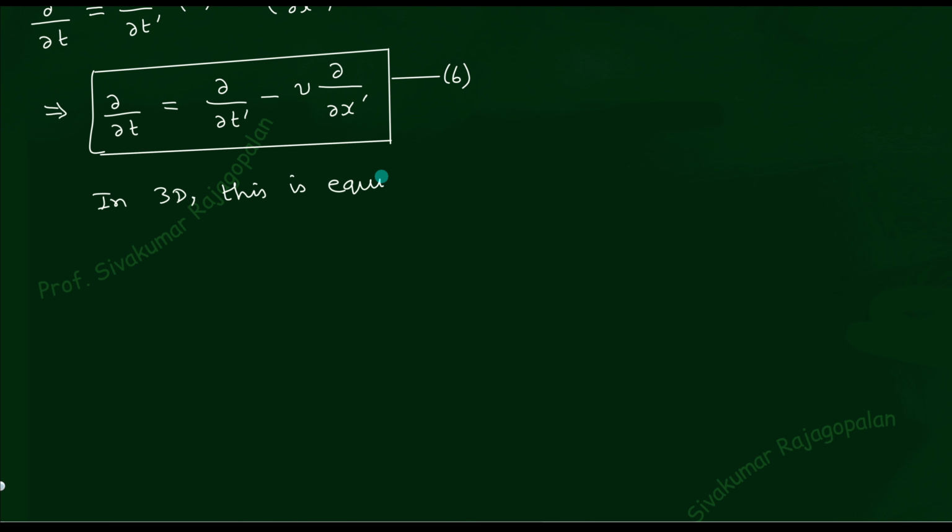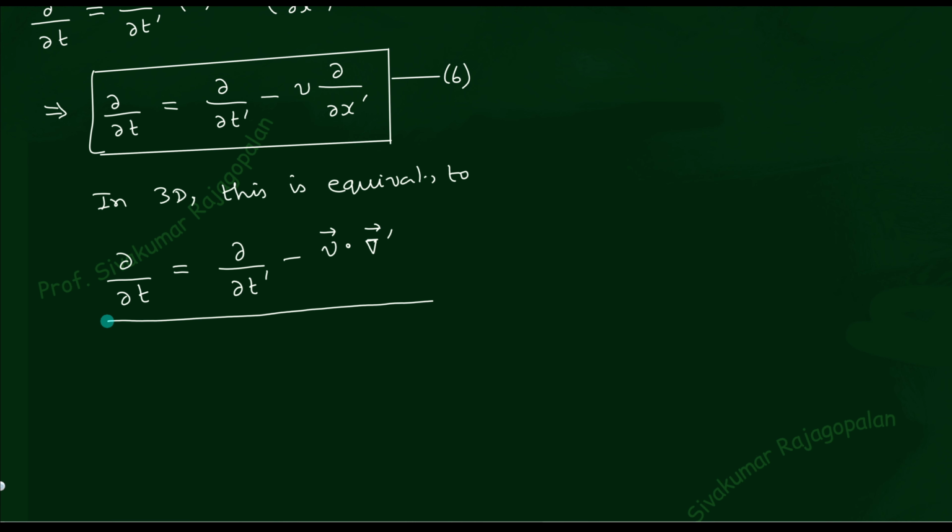Now suppose you move to the three-dimensional situation, how will this equation look? ∂/∂t equals ∂/∂t' minus v, which becomes the vector v, in a dot product with the del operator. That is how the equation will look in three dimensions. We have not made any change, so we will maintain the same equation number 6 even for this.